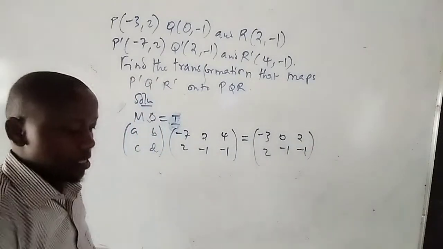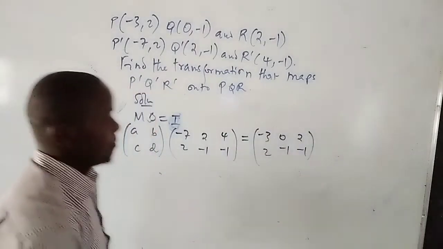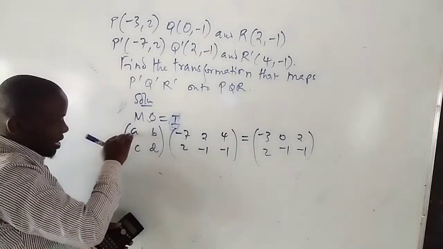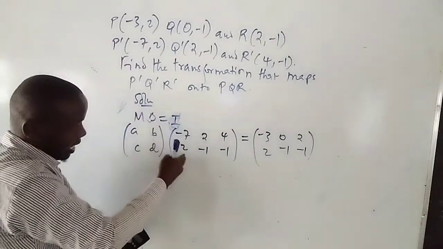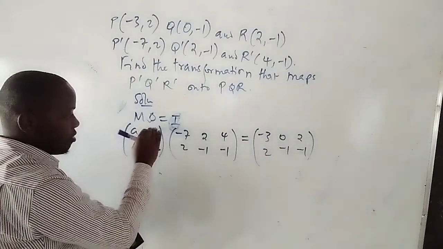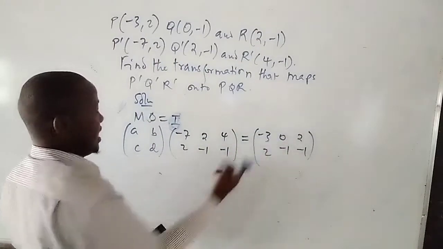Because you know how matrices are multiplied, this row by this column should give us the first element here. The same row by the second column should give us the next element.